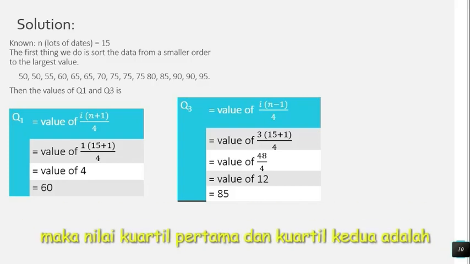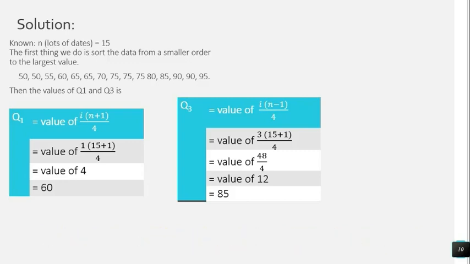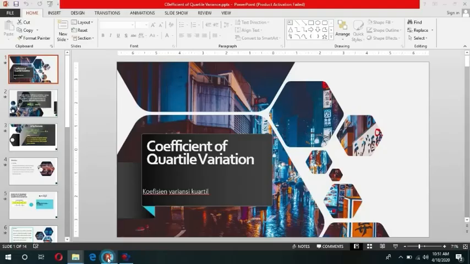Then the values of Q1 and Q3: Q1 equals the value at position (n plus 1) divided by 4, the value at (15 plus 1) divided by 4, equals the value at 4, which equals 16.